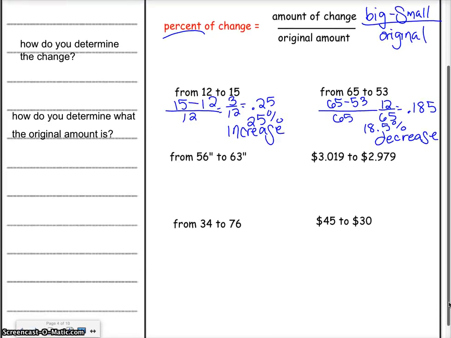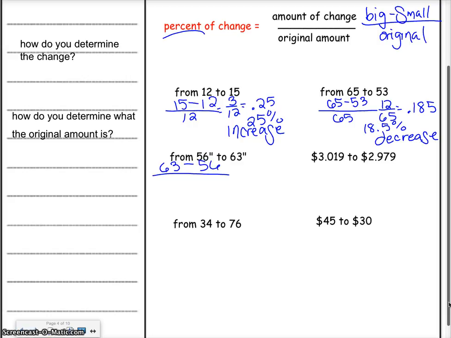Okay, let's say that you grew over the summer when you come back next year for 8th grade. And let's pretend you were 56 inches and now you're 63 inches when you come back. What was the percent that you grew? So you could do the big number, 63, take away the small number, 56, divided by where you started.